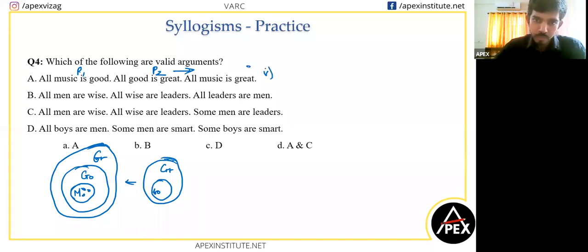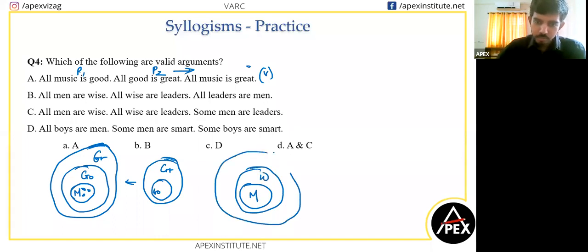So this is a valid argument. Yeah. Then we have all men are wise. Similar kind of situation. All men are wise. And all wise are leaders. All men are wise and all wise are leaders.